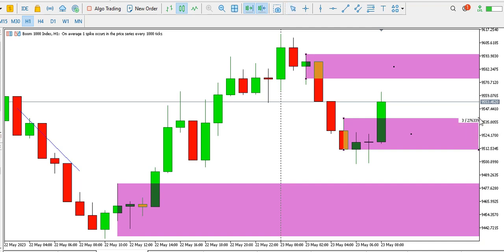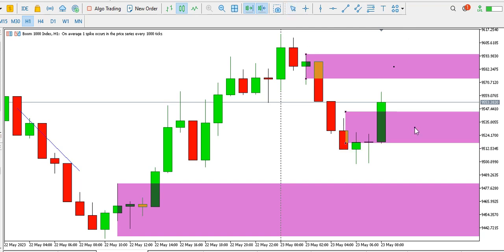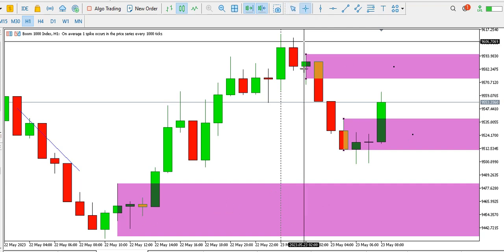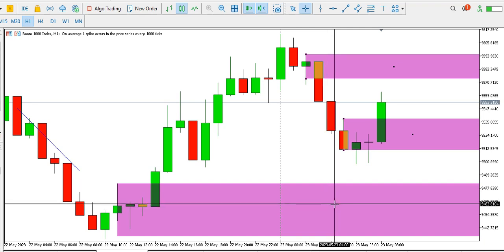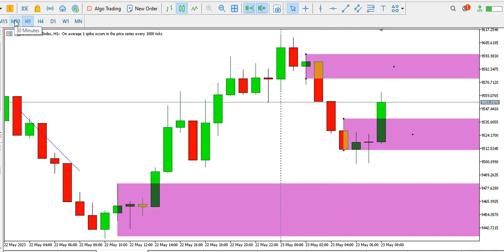This order block could serve as support to price, for price to go up and target the top. But if this support fails, price will definitely come to the low area around the 9460 area. Okay, that's that on the 1-hour time frame.